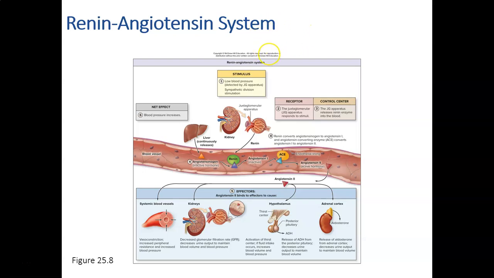So where does the renin come from? We know this system starts with the liver, which continuously secretes angiotensinogen, which has to be cleaved, converted by renin into angiotensin 1, which is still inactive. And then it is converted to angiotensin 2, which is the active hormone, by ACE.